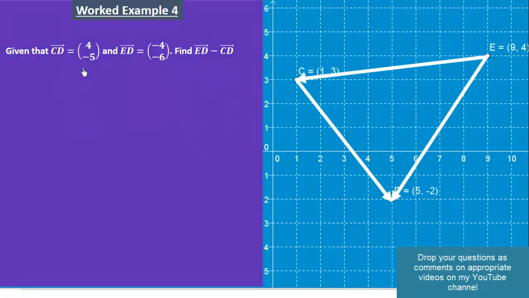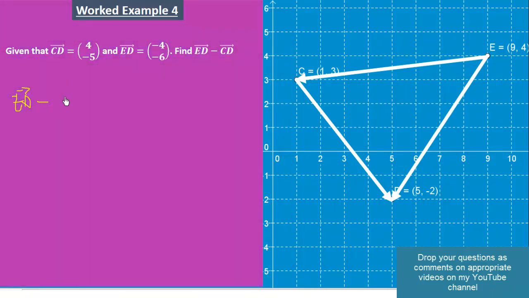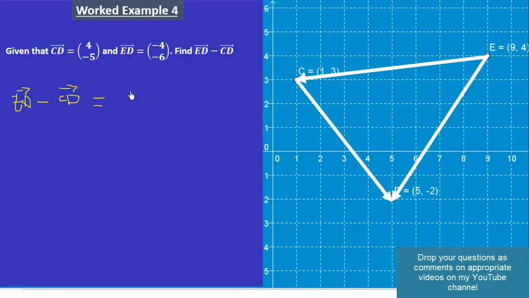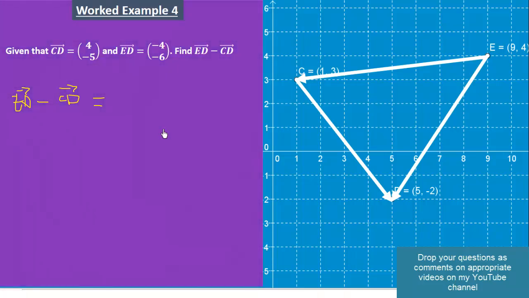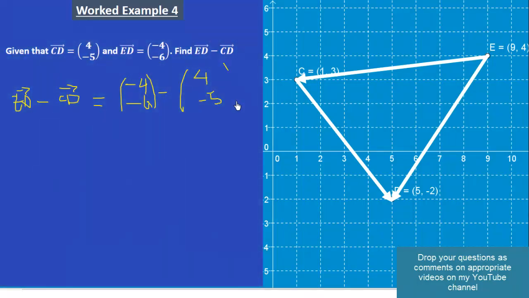Given that CD is (4, -5), and ED is equal to (-4, -6), find ED minus CD. So vector ED minus CD will be equal to (-4, -6) minus (4, -5).